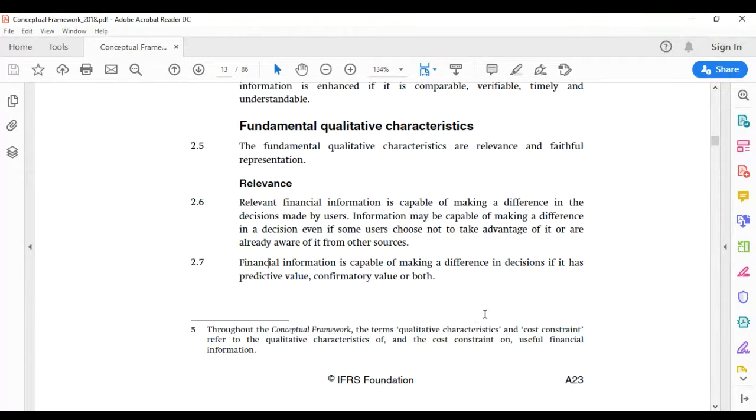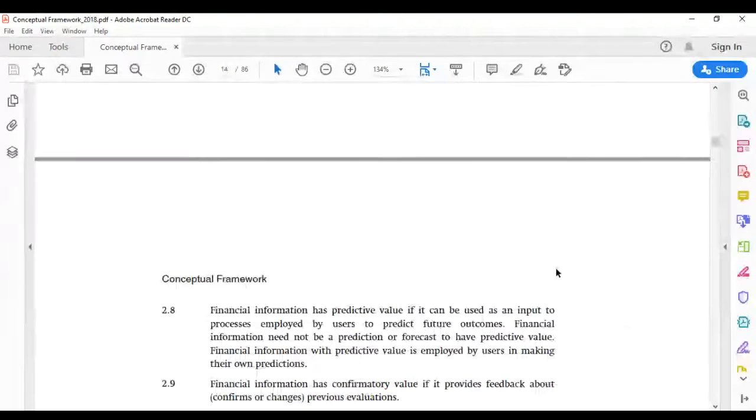So if it makes a difference in the decision, like I said, we're also going to talk about materiality later, which plays a role in this. When will it make a difference? If that information has either got a predictive value, we're going to talk about that just now, or it has confirmatory value, or it has both a predictive value and a confirmatory value.